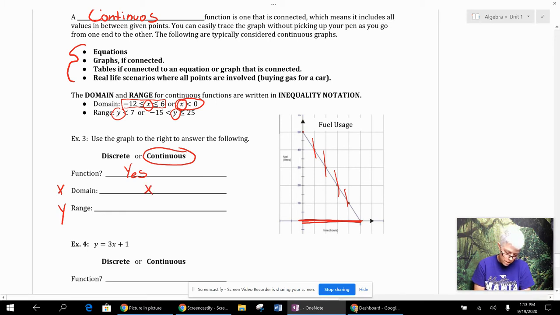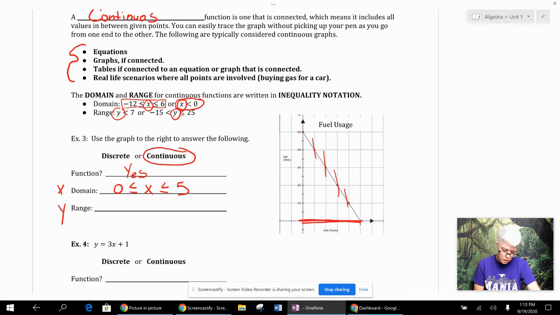The least value is 0. The greatest value is 5. There's solid dots, so it includes the 0 and the 5. So x is greater than or equal to 0, but less than or equal to 5. And so that's how I wrote that one.